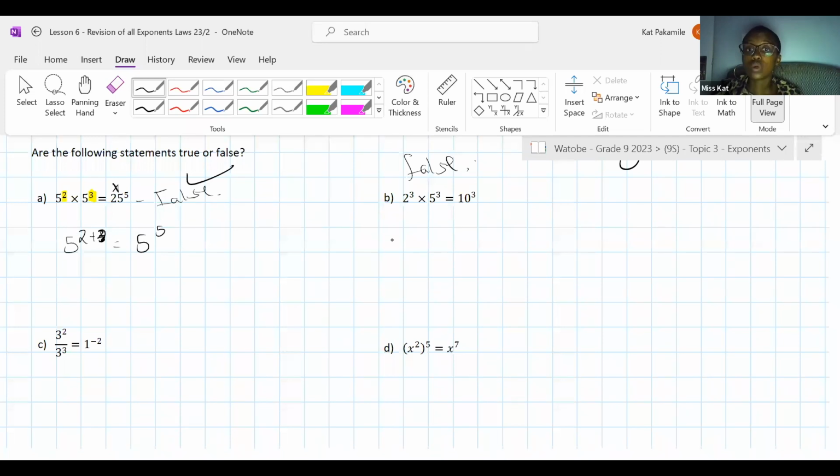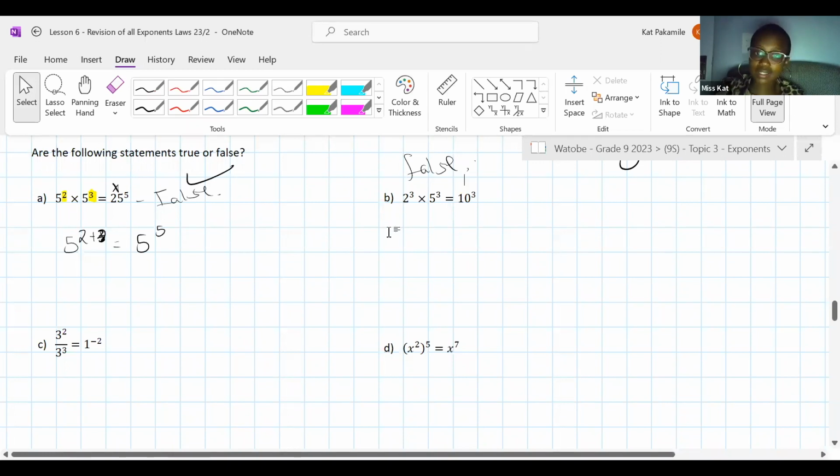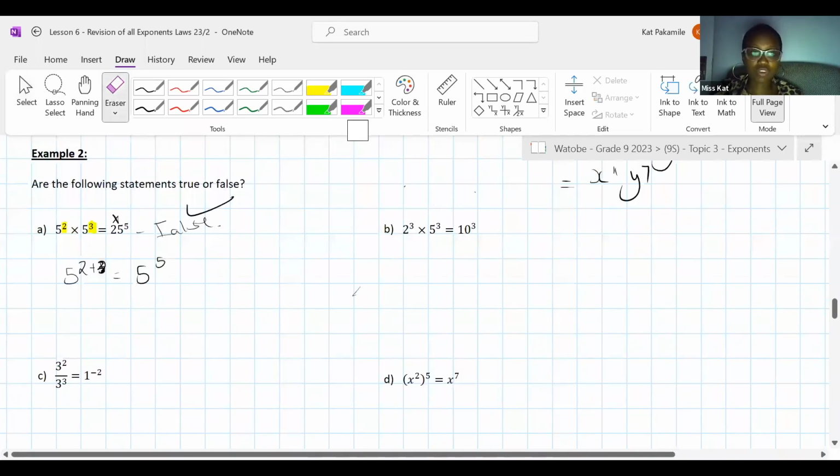Oh, you cannot do that. We only add if you have the same base. Do we have the same base? Oh, no. So look here. I'm going to show you something really cool. You remember that distributive law?